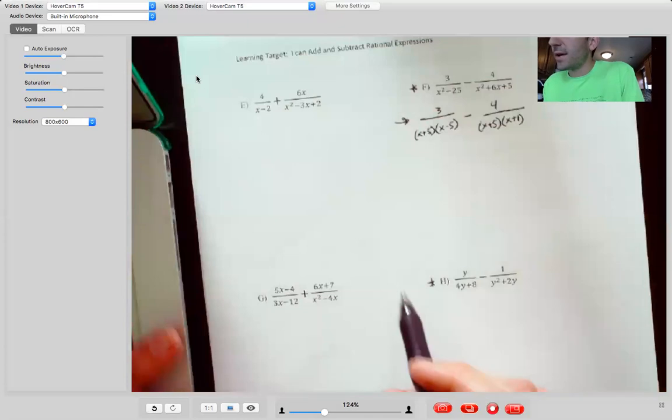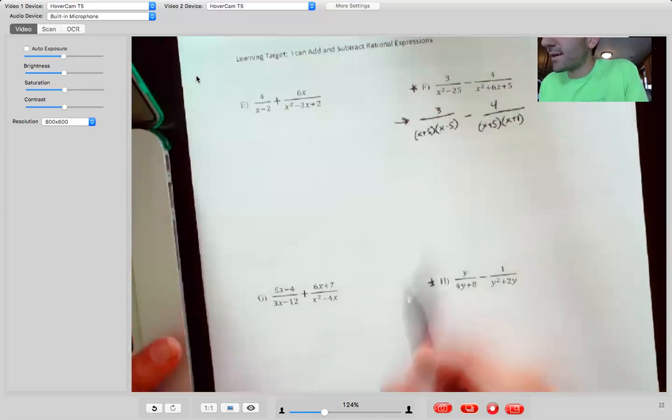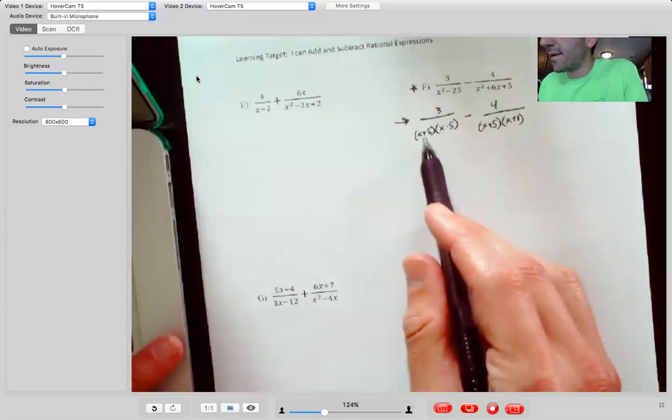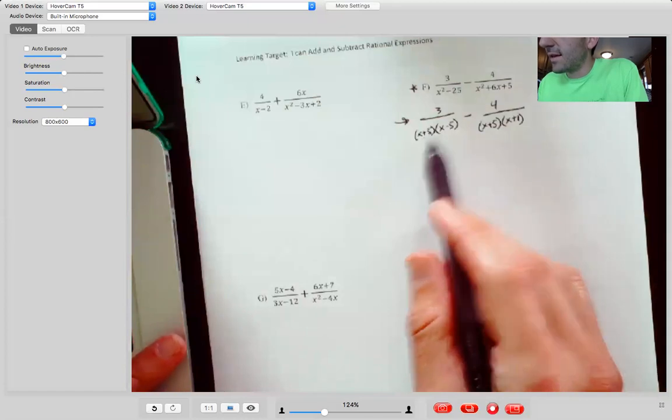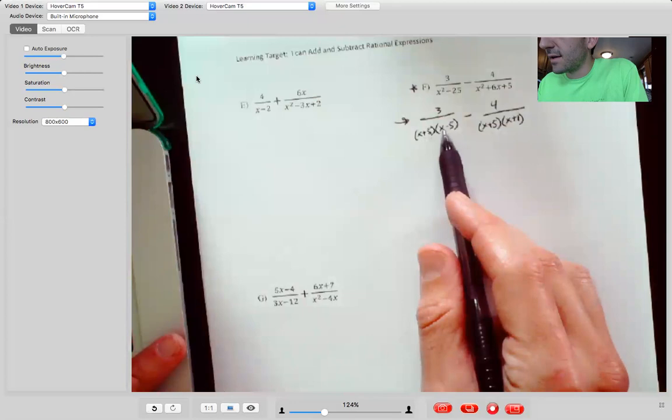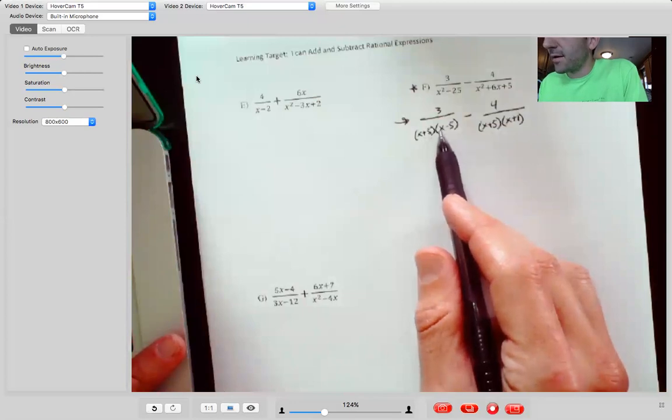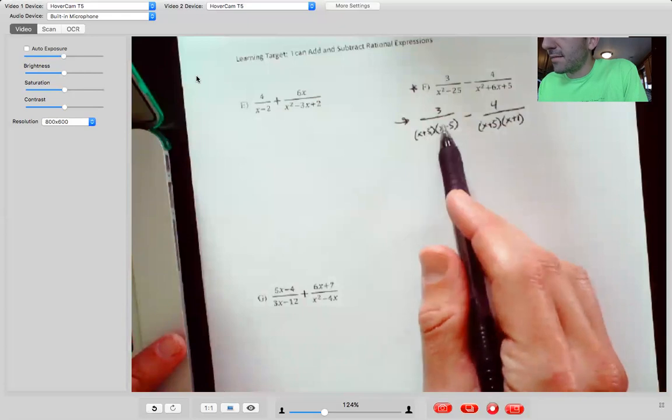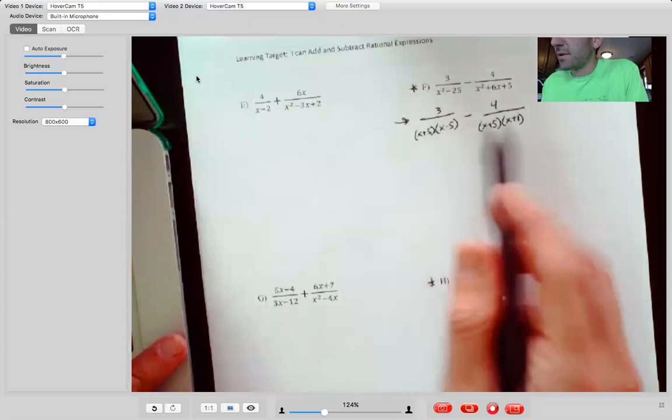And so now we can see that we have that common factor already of x plus 5. So all we're missing on this one is the x plus 1. So our lowest common denominator is x plus 5 times x minus 5 times x plus 1.